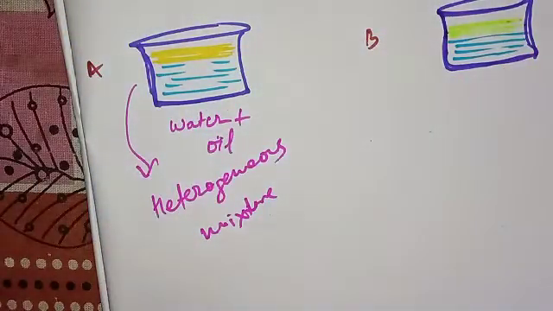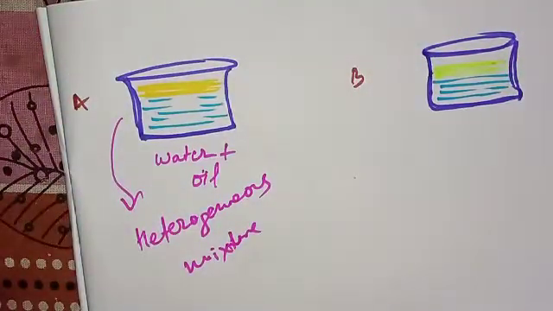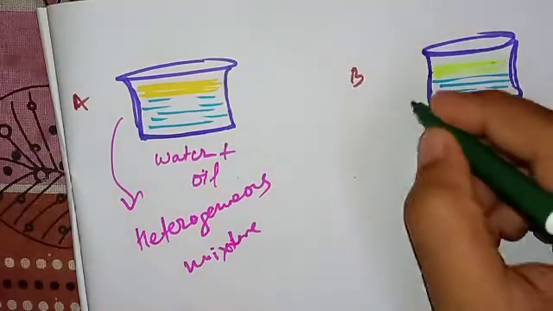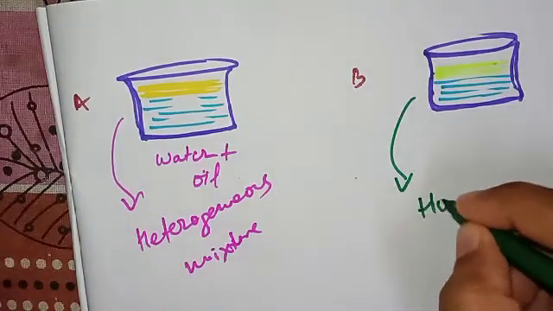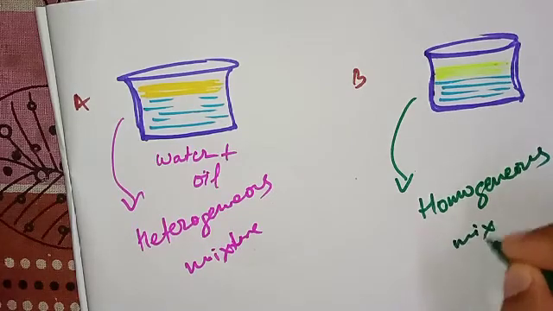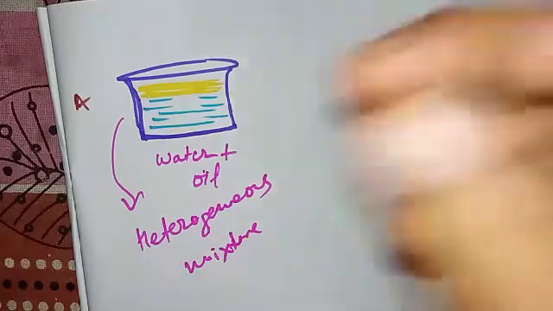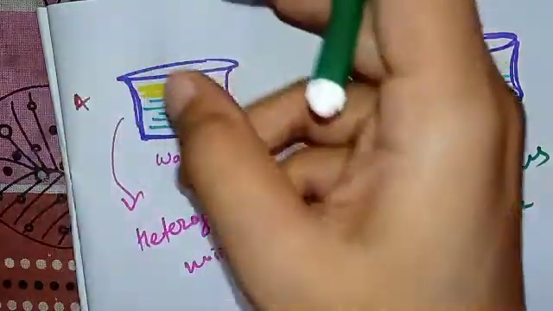The salt will get completely dissolved into water, because salt and water are miscible. That is, water can dissolve salt into it. So this type of mixture is what? A homogeneous mixture. Salt and water can be mixed equally, whereas oil and water cannot be mixed equally.